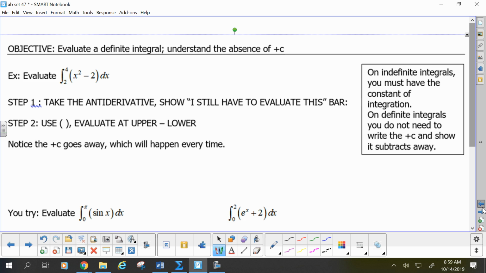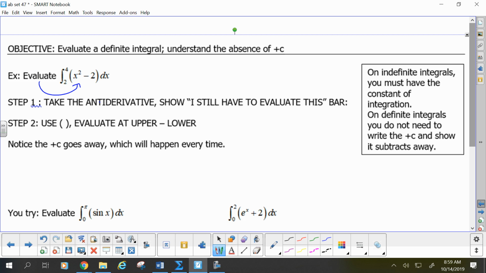Okay. Now, besides the test on Thursday, you will rarely have to do infinite rectangles anymore. Now, you're going to use the fundamental theorem, and your life will be a lot easier. So when I go to evaluate a definite integral, again, it's two steps. First, take the antiderivative, then subtract the two results.